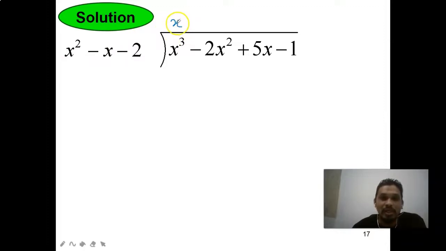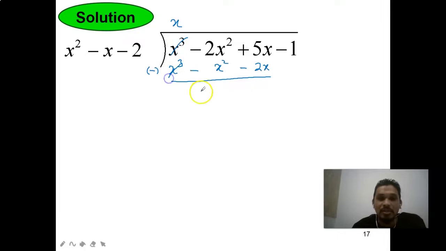Let's try again: x multiplied with x squared, x cubed. Then just follow the rest. So x multiplied with negative x, minus x squared. x multiplied with negative 2, minus 2x. x cubed minus x cubed, 0.